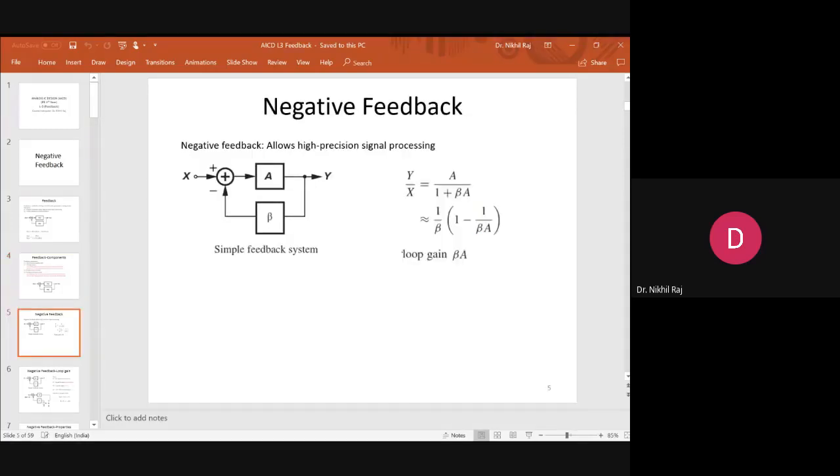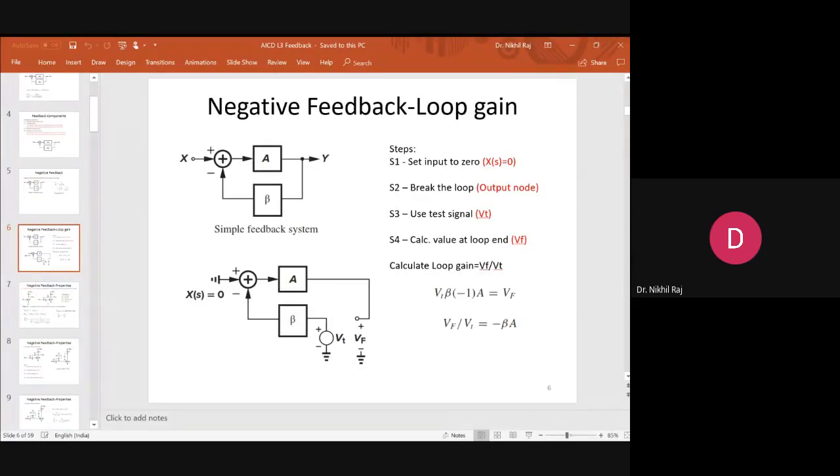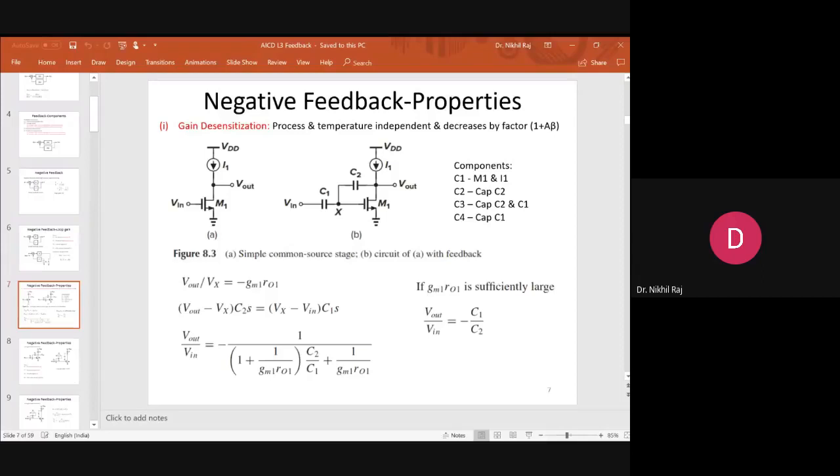Then negative feedback property we have seen. Then loop gain, the importance of loop gain in the circuit. Then how to analyze the loop gain, there are certain steps: break the loop, then apply a test voltage, then calculate the output to the test voltage ratio, that will give you the knowledge of your loop gain. And from the loop gain, without considering any loading effect, you can individually calculate the gain.